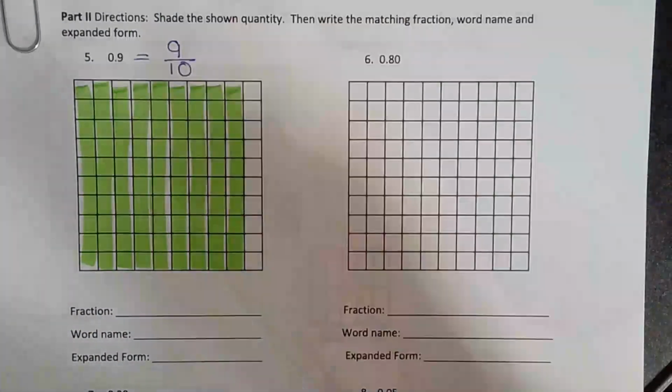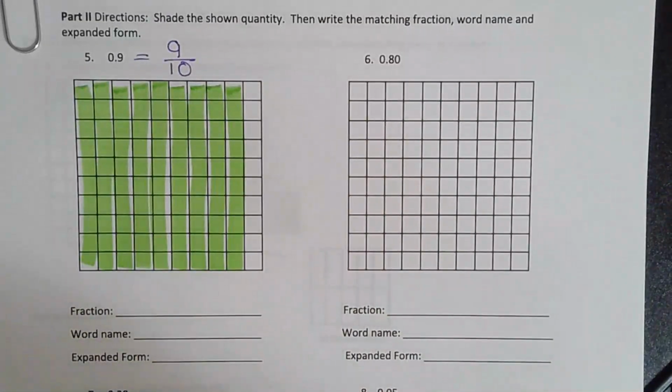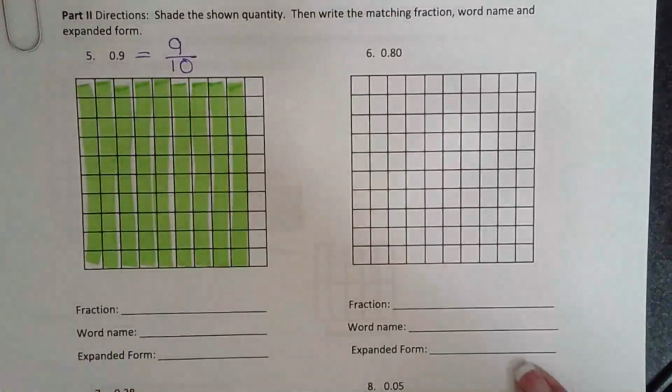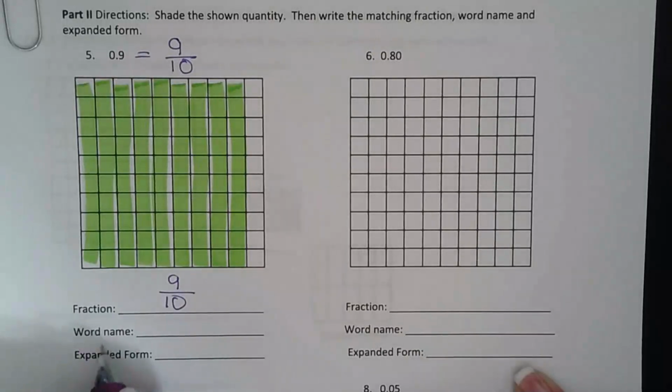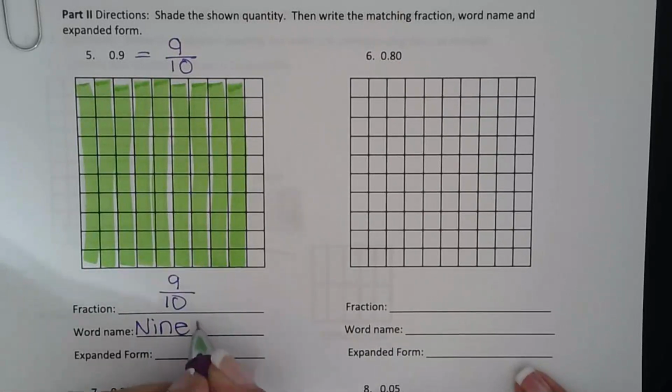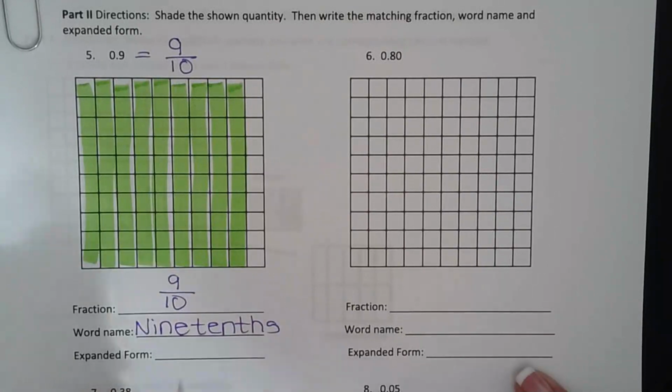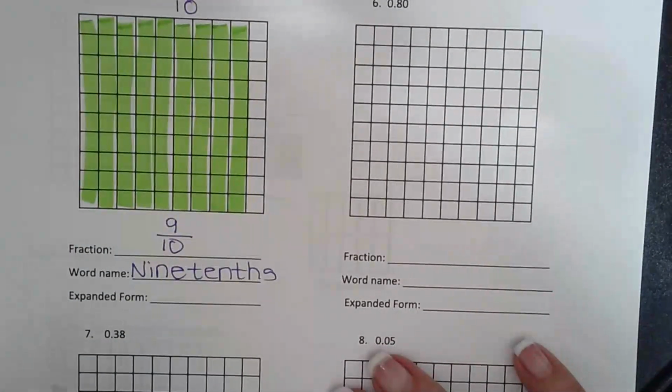Okay, so we already wrote the fraction. That's what we used to help us with this one. So the fraction is 9 over 10. We write that as 9 tenths with the THS at the end, just like the decimal. And last but not least, expanded form.